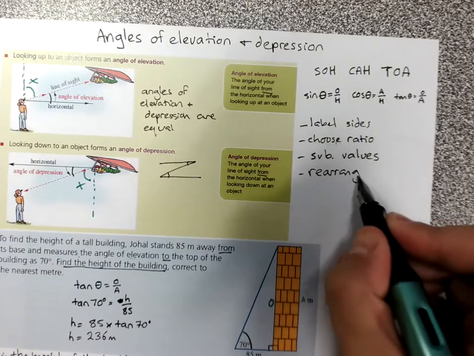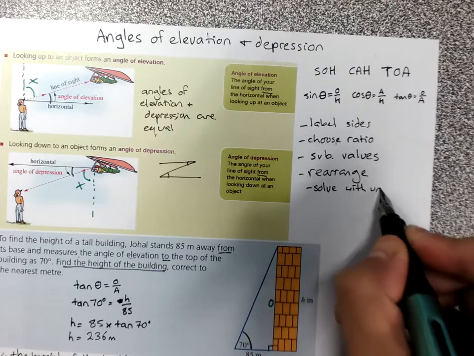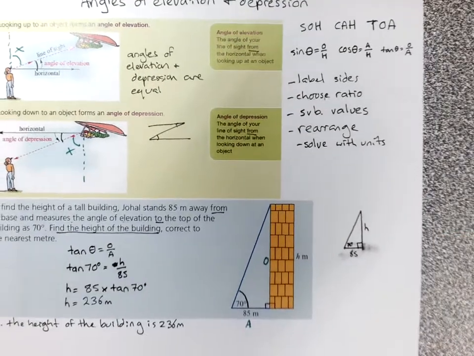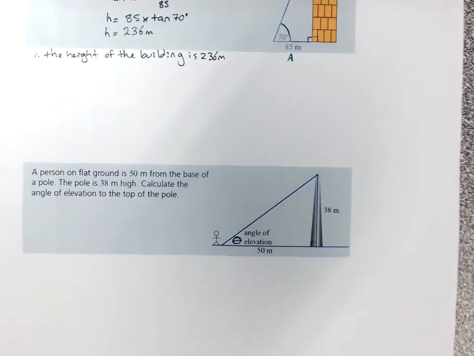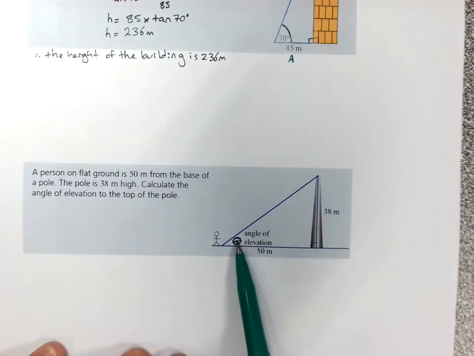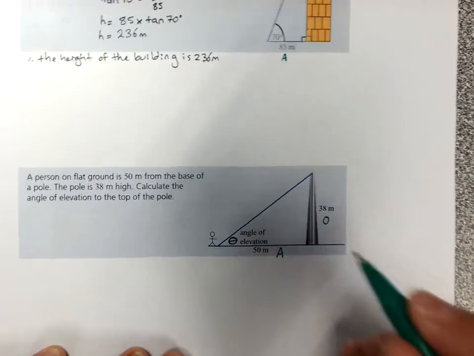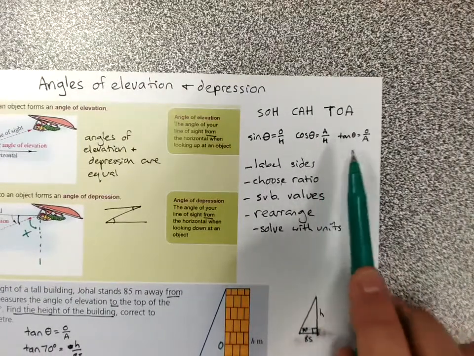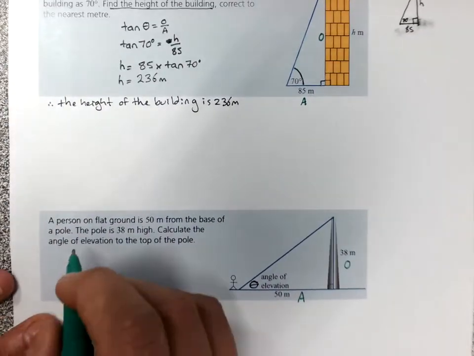Rearrange and solve with units. So, following the steps. 1. Label the sides. There's the angle we care about. Opposite and adjacent. Which ratio uses O and A? It's tan again. Write the ratio.